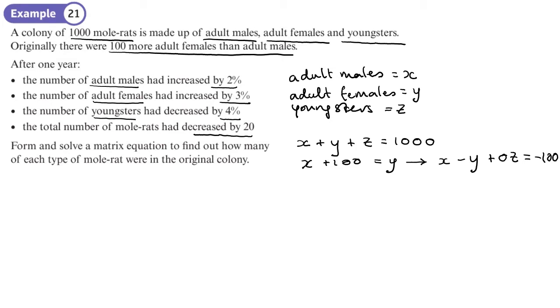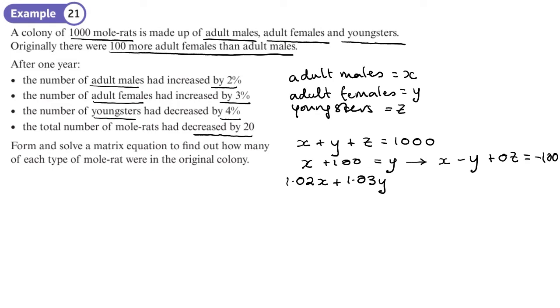Yeah, if I just move stuff around. And then it says that, what else have I got here? I've got something about after 1 year, so the adult males had increased by 2%, so that's 1.02x. The number of females had increased by 3%, so that's 1.03y.